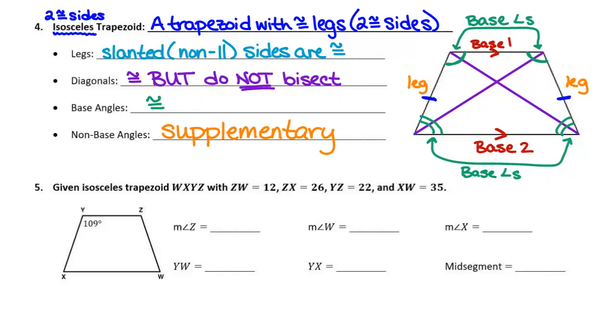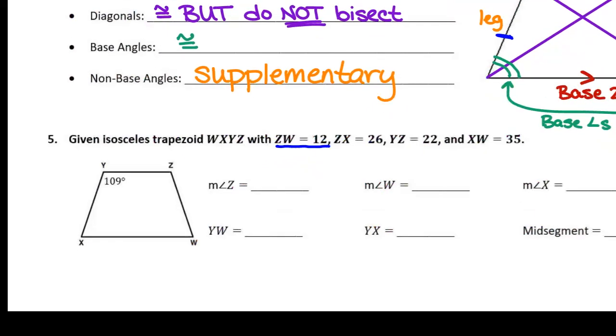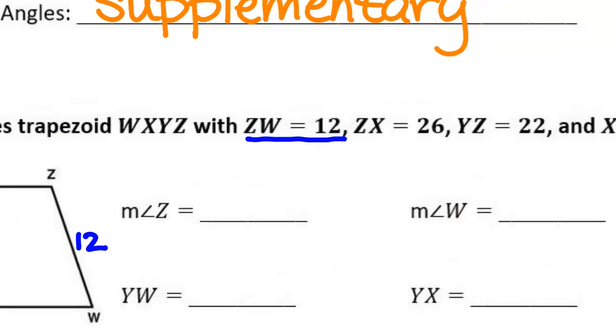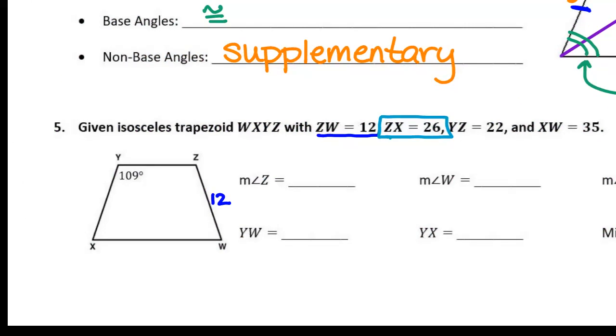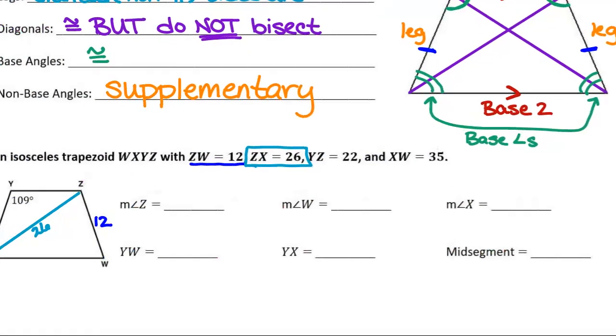Let's look down at number 5 now. It says, given isosceles trapezoid WXYZ with ZW equals 12. Let's add that to the picture. ZW is equal to 12. ZX is 26. We need to draw in ZX because it's not in the picture. ZX right here is 26.